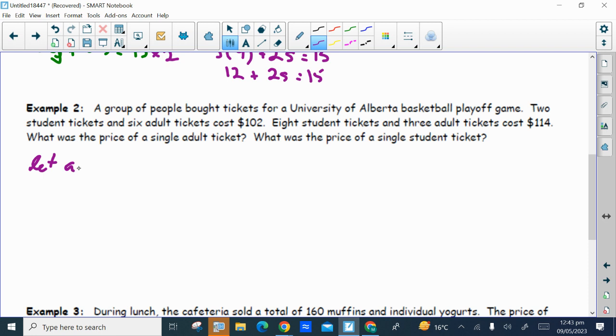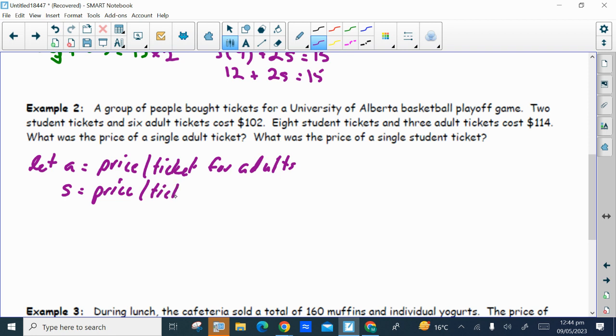So we might let A equal the price per ticket for adults, and maybe S equal the price per ticket for students.